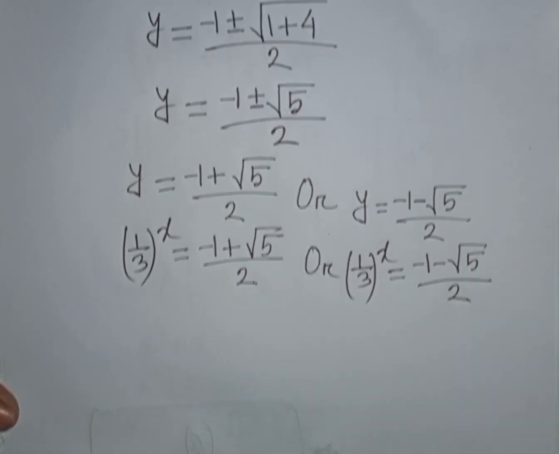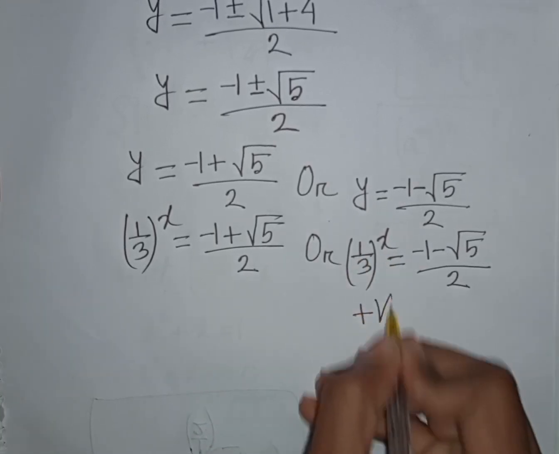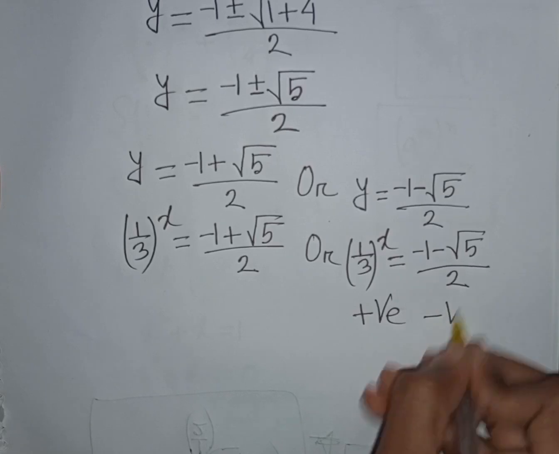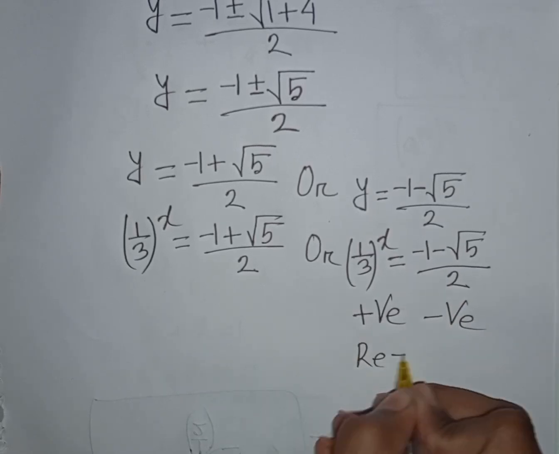Now we see (1 by 3) bracket power any number is always positive, but this is negative. So positive cannot be equal to negative, so this is rejected.